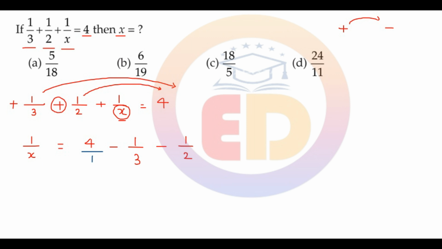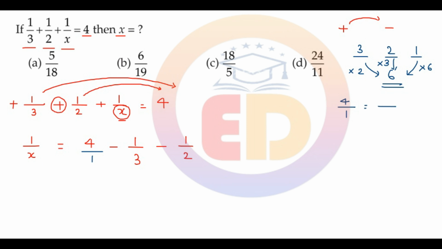I will convert them to like fractions, and for that we have to find a common multiple of 3, 2 and 1. The common multiple of 3, 2 and 1 is 6. So I will convert all the denominators to 6. To convert 3 to 6, I have to multiply it by 2. To convert 2 to 6, I have to multiply it by 3. And to convert 1 to 6, I have to multiply it by 6. So 4 upon 1.